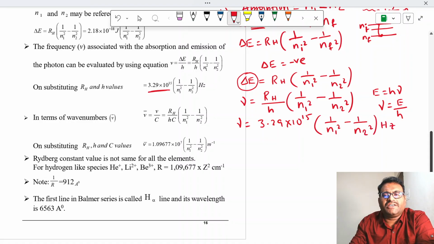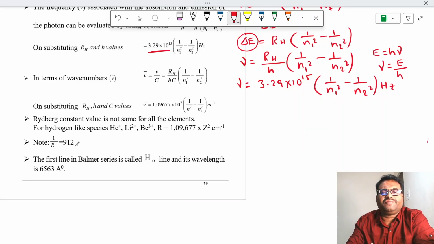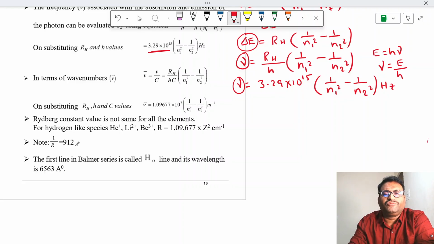Frequency will be in hertz. So this is the formula to calculate frequency. Either you can use RH by h into 1 by N1 square minus 1 by N2 square, or the calculated value also you can use.